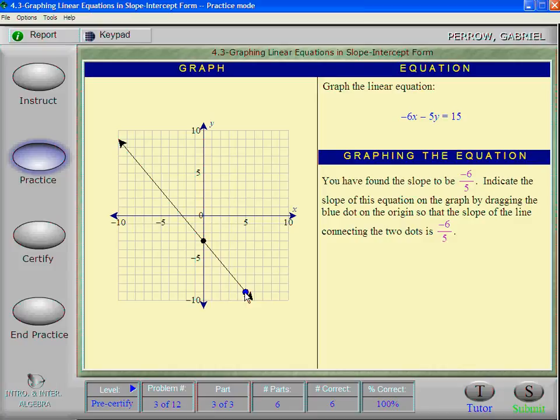Let's say I decided to do it differently. You could have said, I want to go up 6, 1, 2, 3, 4, 5, 6, and imagine that I'm going 5 to the left. So basically, assigning the negative to the bottom, going 5 to the left. I don't know if you remember how the line looked before, but it went through this point over here.